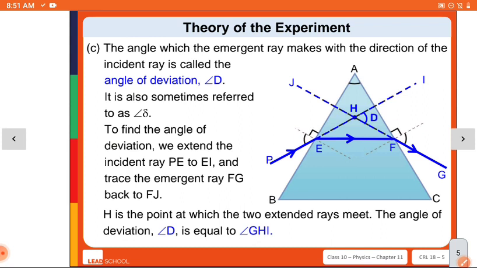A very important question: what do you mean by angle of deviation? The angle which the emergent ray makes with the direction of the incident ray is called the angle of deviation, denoted by D.